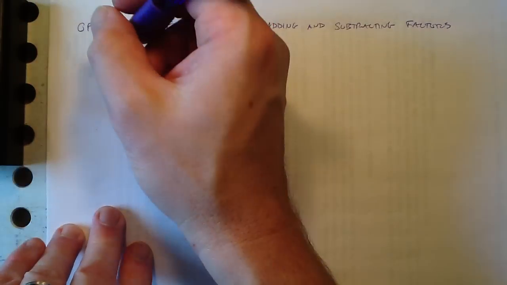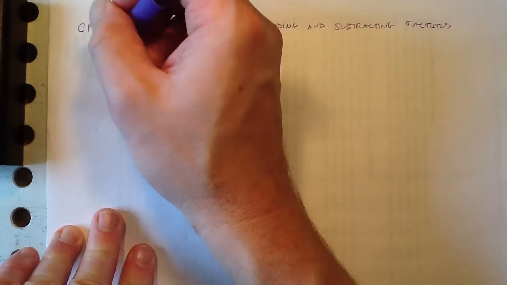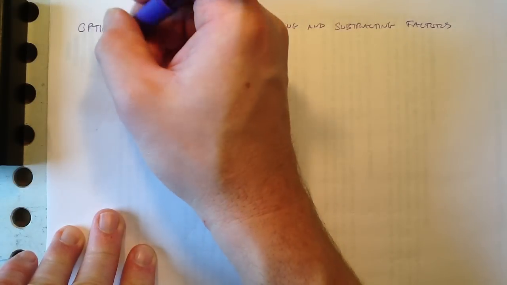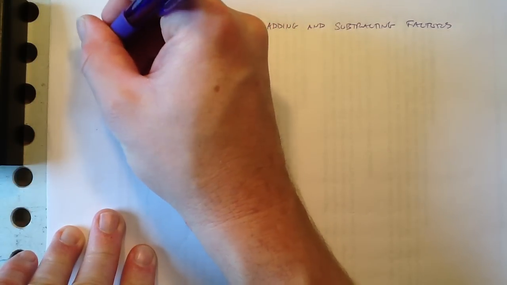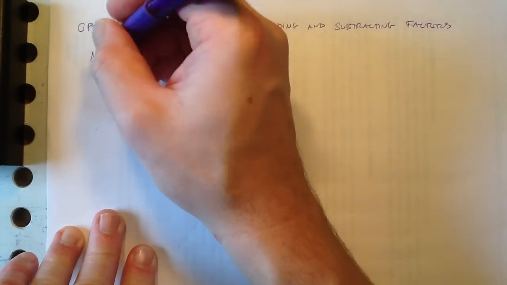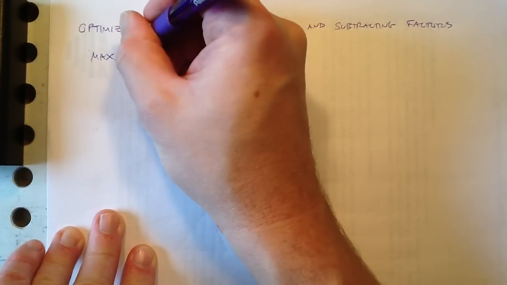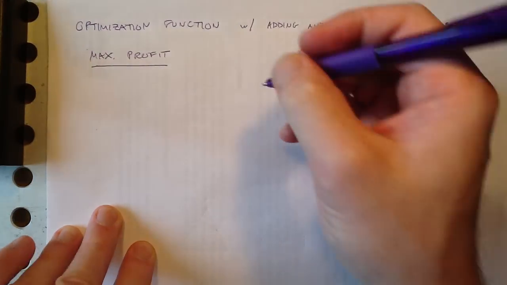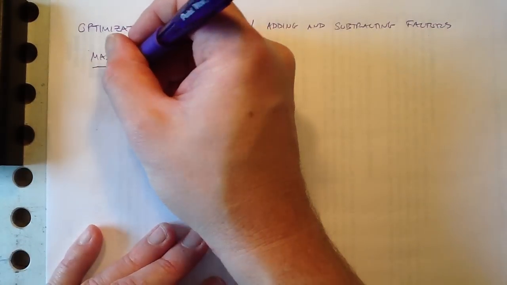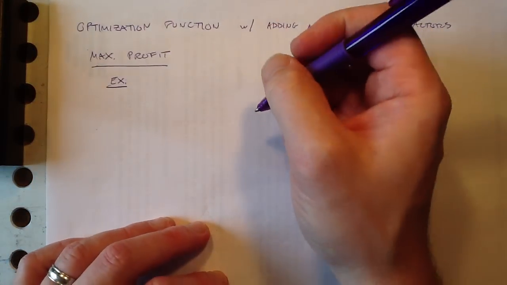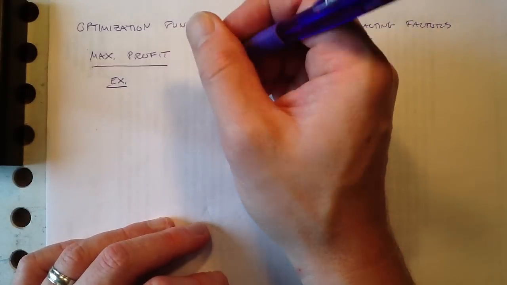Well, that means the classic example of this particular type of problem is an economics problem where we want to maximize profit. I suppose you could minimize profit, but nobody really wants to do that. And maybe we know that we have a cost function.